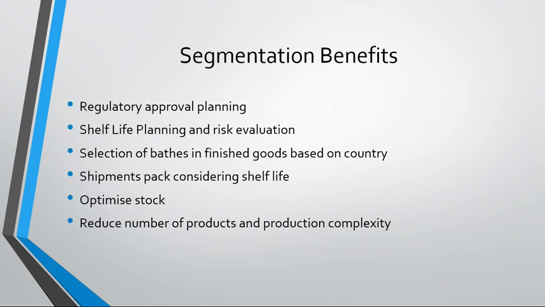Okay, so the basic benefits are regulatory approval planning, shelf life that we have already covered in the application side, and selection of batches, finished goods based on country level. Let's say you have one batch supposed to be delivered to the US, and the same material, though a different batch, can be delivered to some other country.